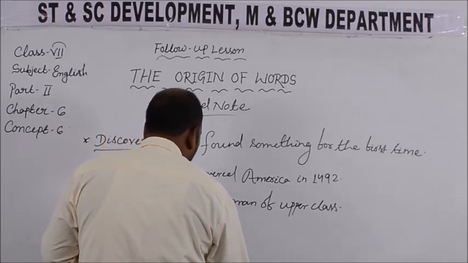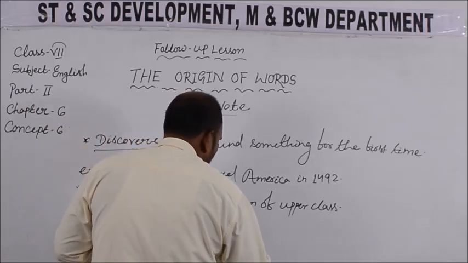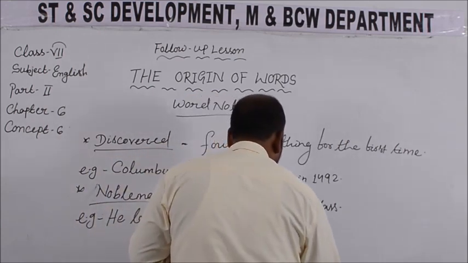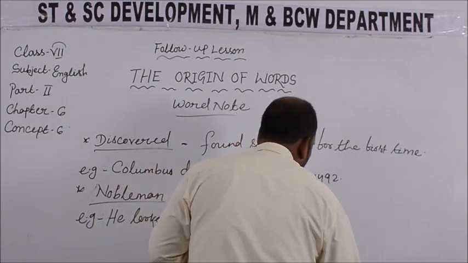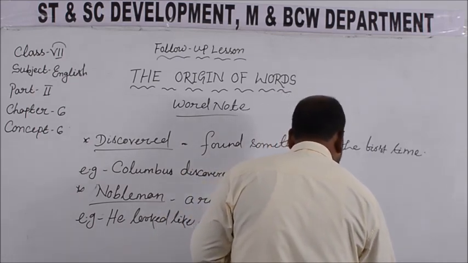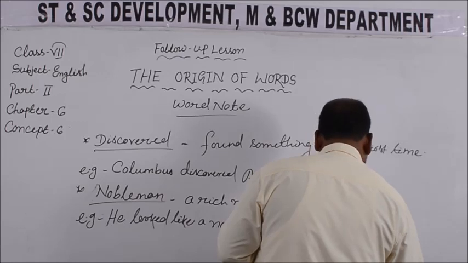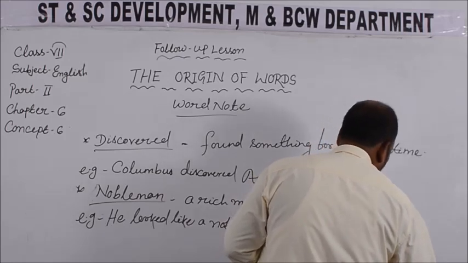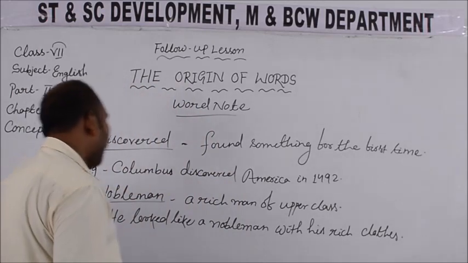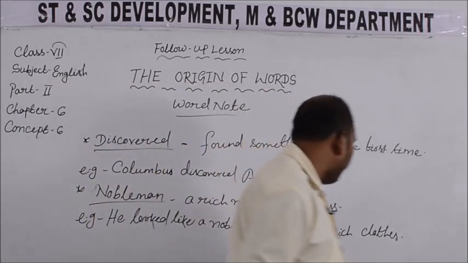He looked like a nobleman with his rich clothes. Okay, nobleman means a rich man of the upper class. For example, he looked like a nobleman with his rich clothes.